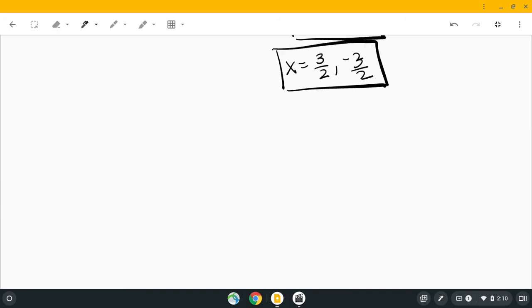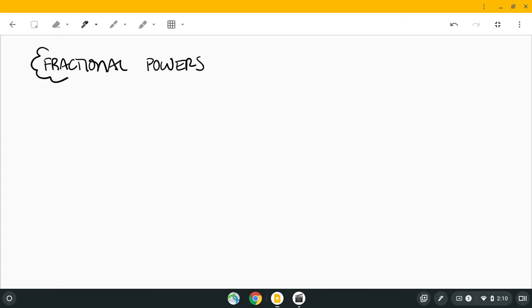Okay, let's take a look at fraction powers. If you have an exponent, a power that is a fraction, then what you're going to do to cancel it is use the reciprocal.